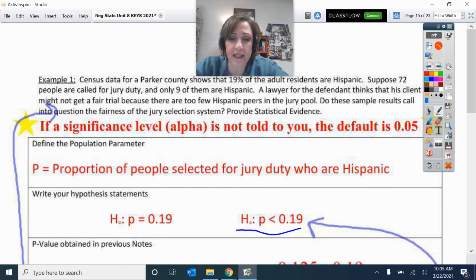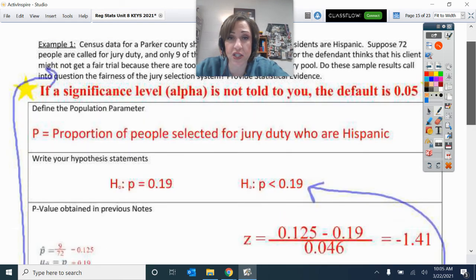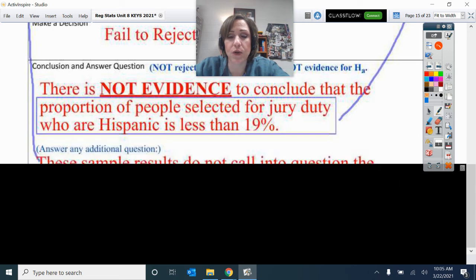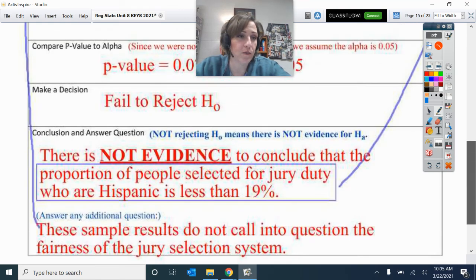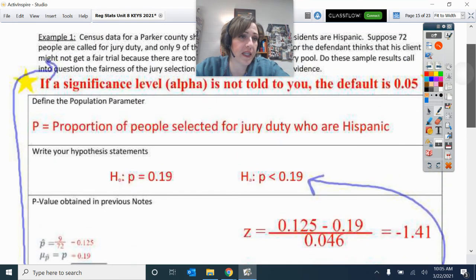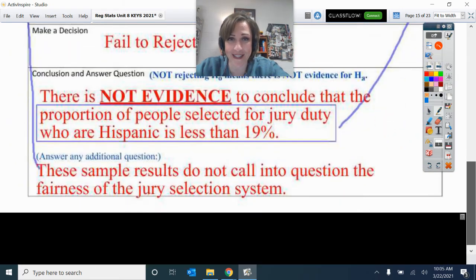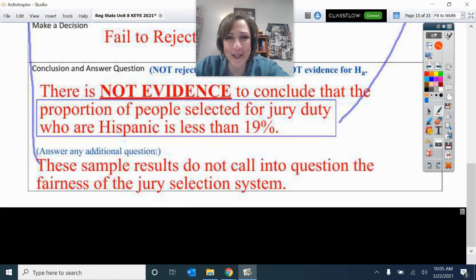Did we have evidence of it being a lower rate? No, we did not. So I say these sample results do not call into question the fairness of the jury selection system. I drew that blue arrow up there to the additional question that was asked. All right, that's how we do it.